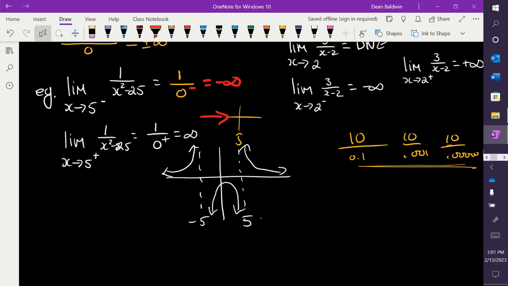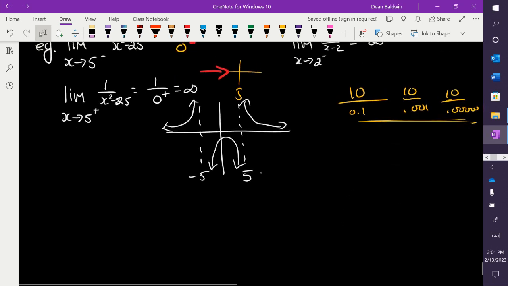All right. One more, and then we're done. This is a way to evaluate one-sided limits without doing a whole bunch of work.